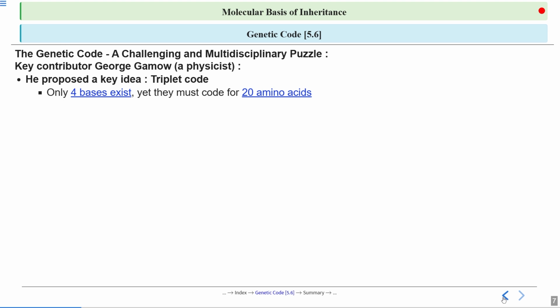What was this? Only 4 bases exist, yet they must code for 20 amino acids. Before everything, you need to know that there are only 20 amino acids used by living organisms, 20 different amino acids found commonly in proteins.